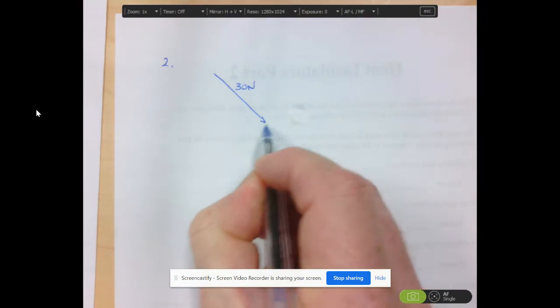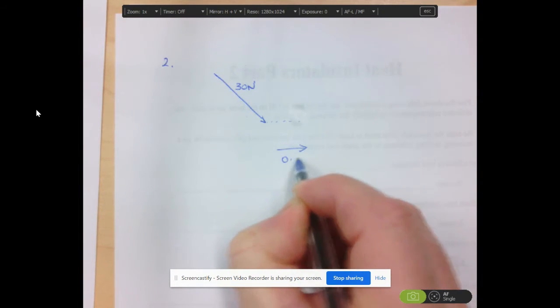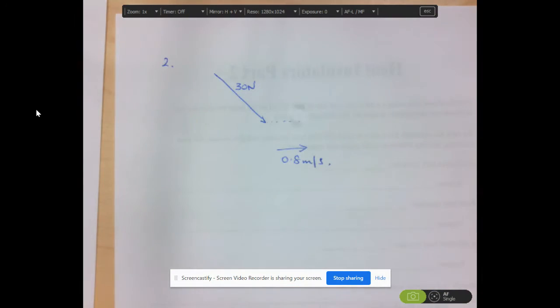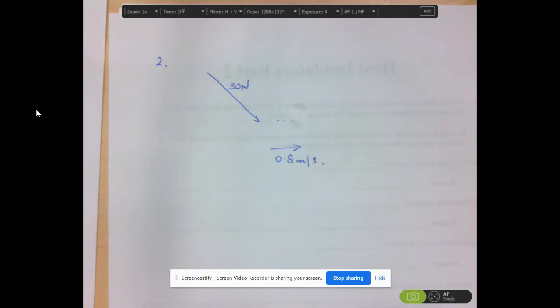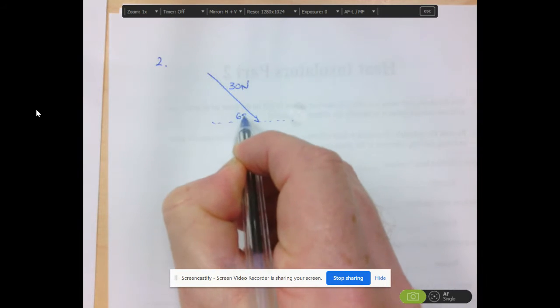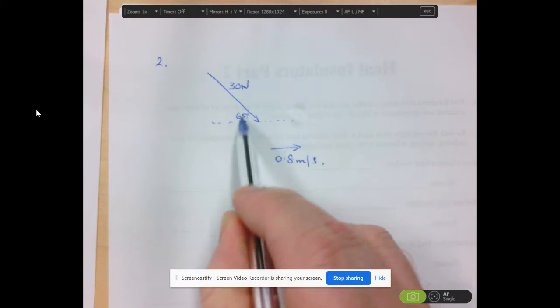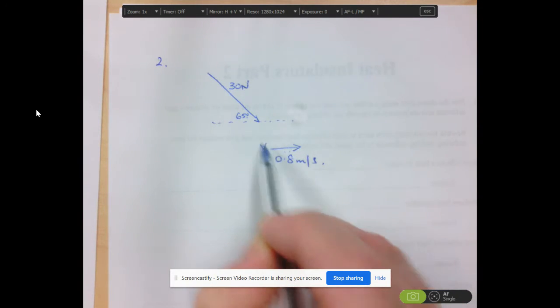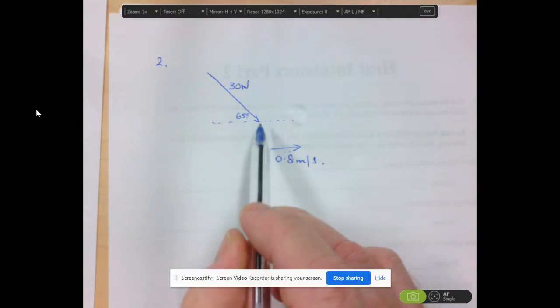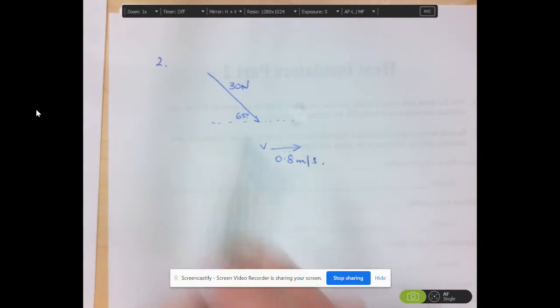And it's going forward at the velocity of 0.8 meters per second, very similar example to the one that I put on the larger video. And this angle here is 65 degrees. Okay. Because this velocity vector and the force vector are not parallel, we have to find the part of this force that is parallel.